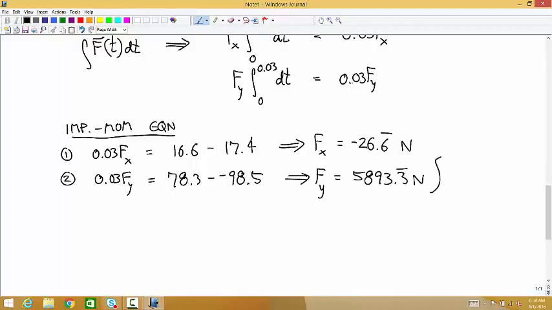Ooh, that's big. It's a heavy mass. And so the average net force is equal to negative 26.6, 5893.3 newtons.